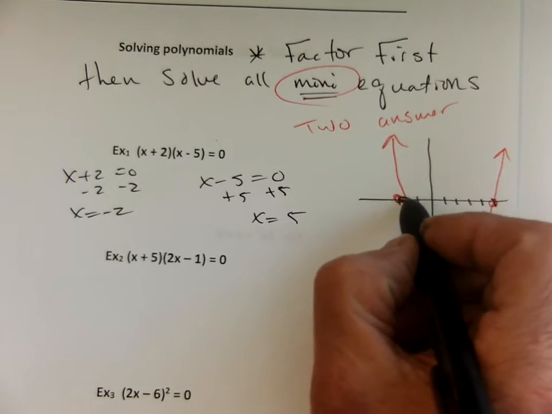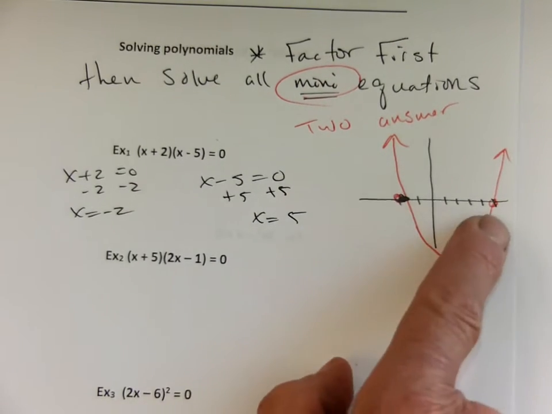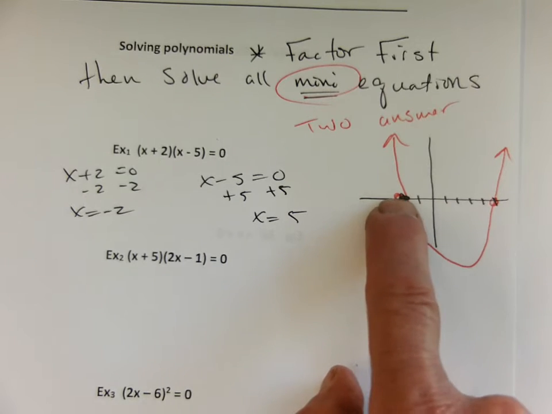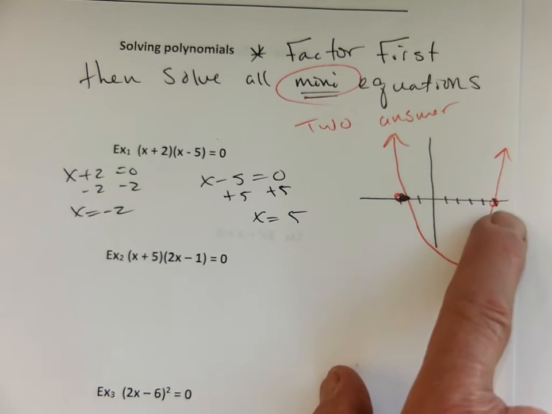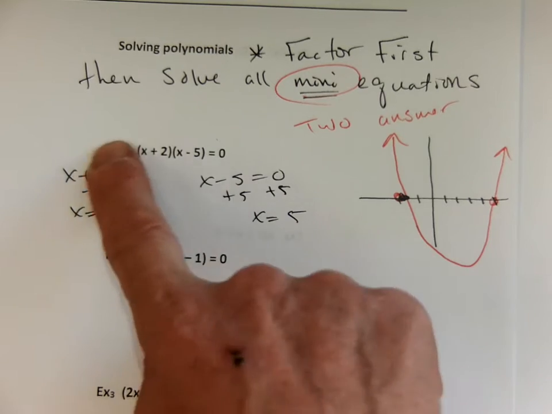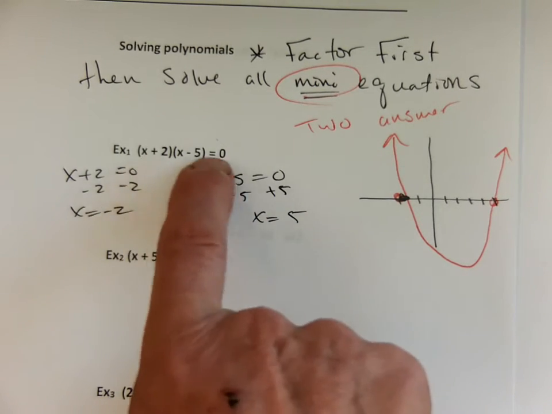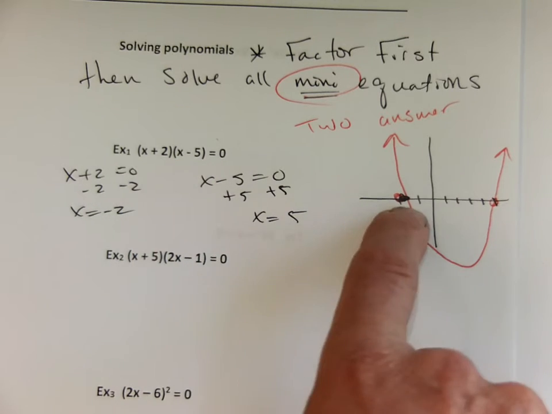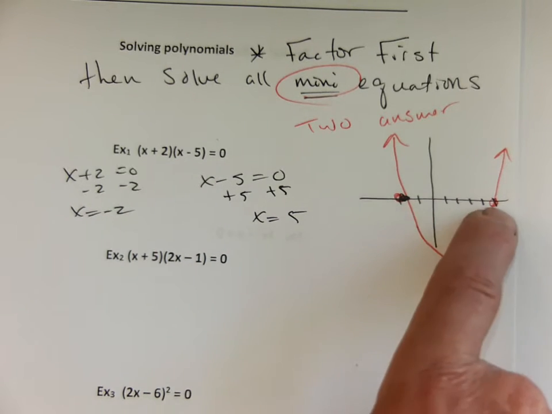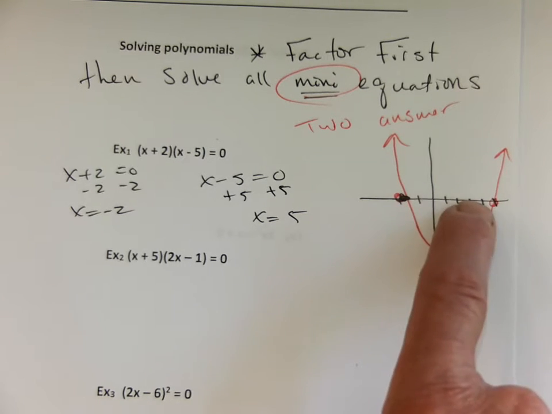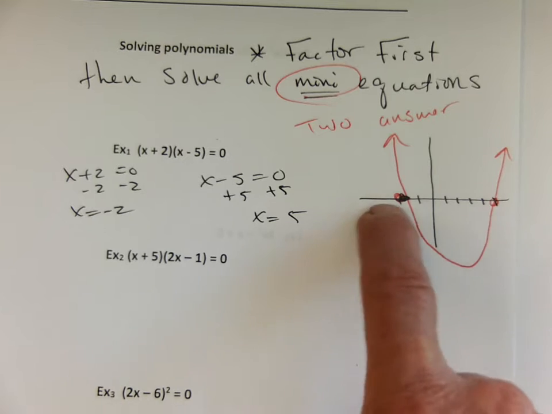What do you see about these points here? Those are the answers to my equations, right? So when we do this, we're finding the zeros of a graph. But that's still a couple of days away, okay? For right now, that's what we're doing, really finding the zeros of a graph.